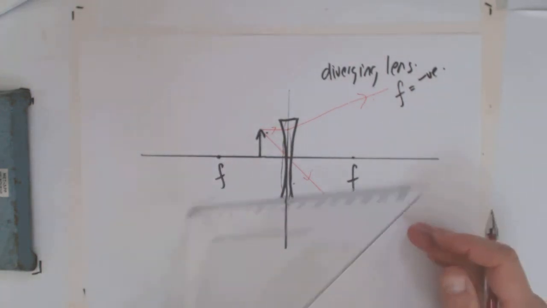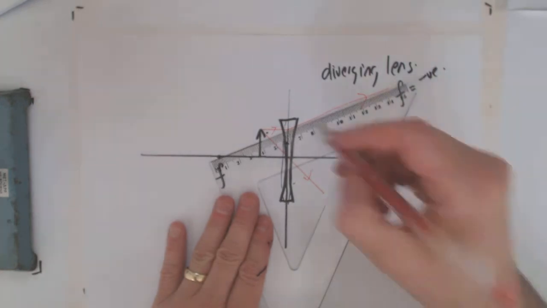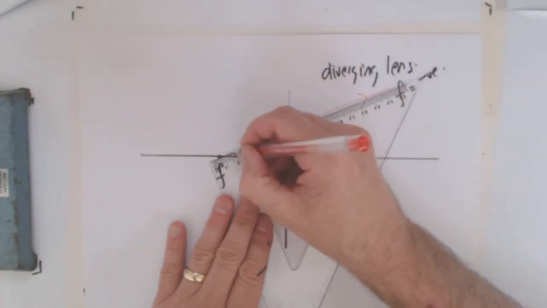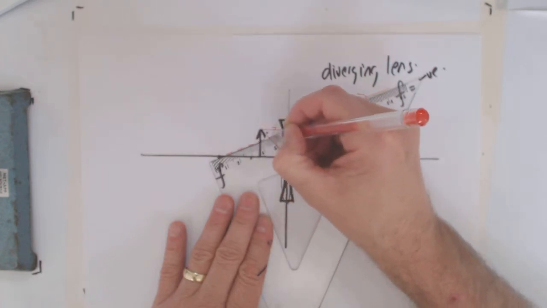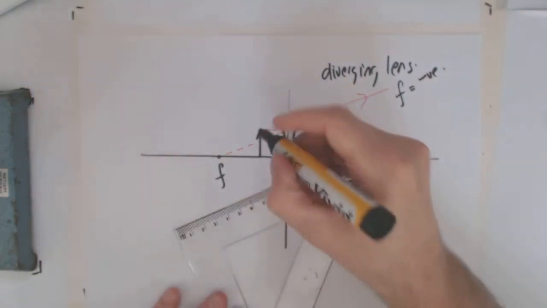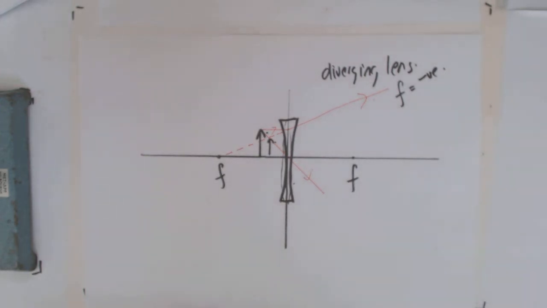Well, it is actually, because this ray is going to look like it came from here. All right, and so we're actually going to end up with a little image in there. So that's the virtual image being produced.